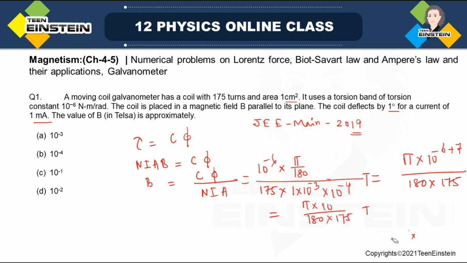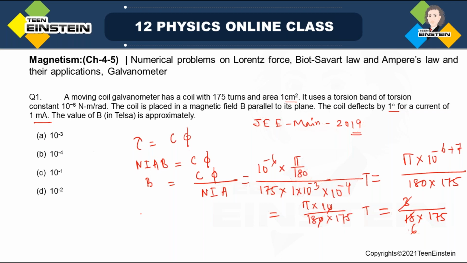Now look here, this 10 goes with this. Pi is 3.14 and this is 18, so let me take approximately this as 3. It will give you 18 into 175, so this will give you 6.